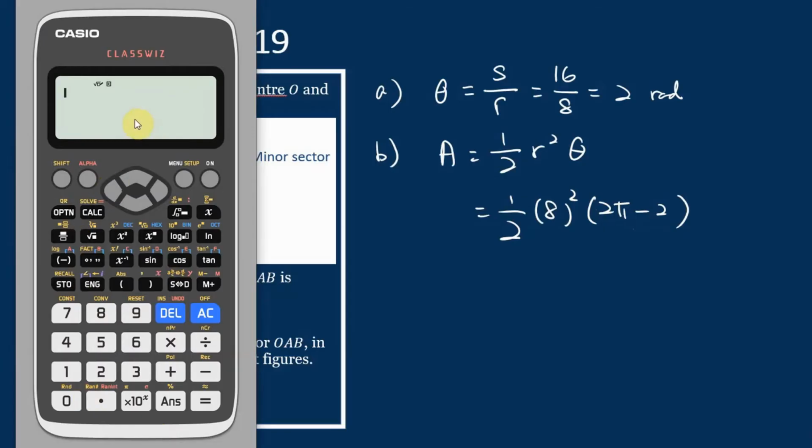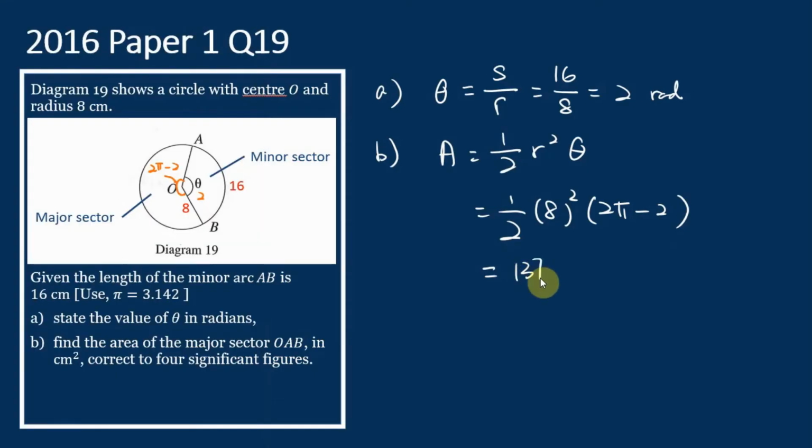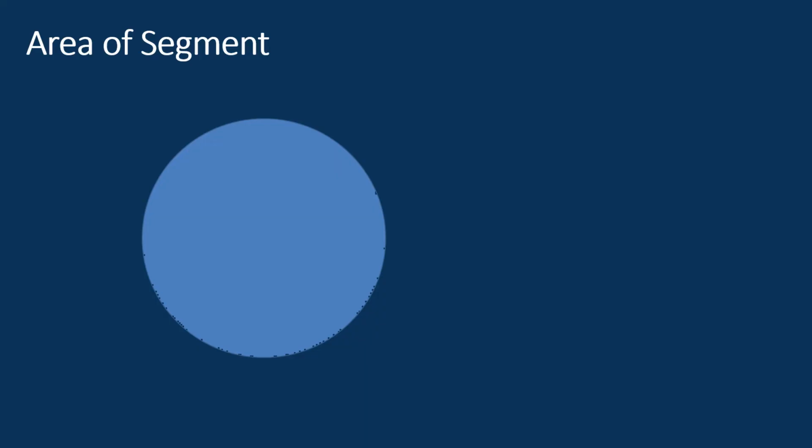In our calculators, we key in the fraction 1/2, and then times 8 squared, and then times bracket 2 pi minus 2, and then close brackets. So the answer is 137.1 centimeter square.